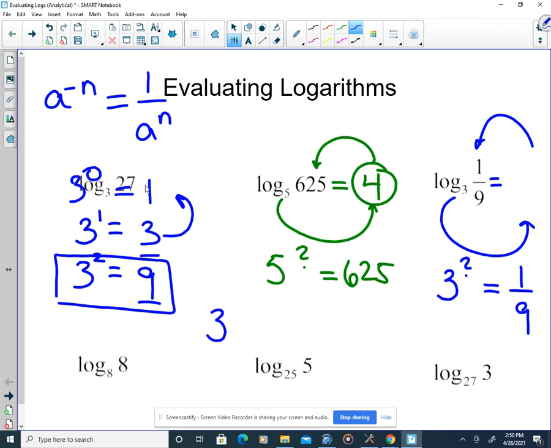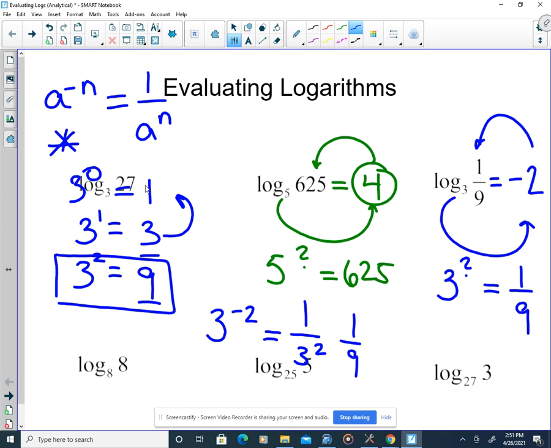What would happen if I made the 2 negative? Well, what is 3 to the negative second power? If we use this rule up here, it's 1 over 3 squared. 1 over 3 squared is 1 over 9. So log base 3 of 1/9 is negative 2.